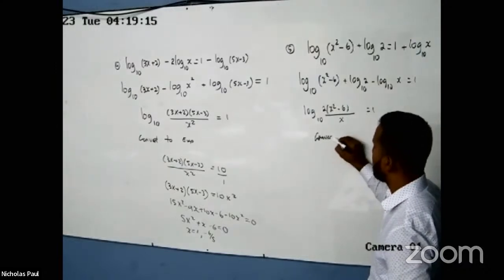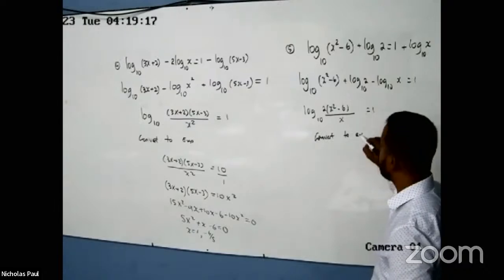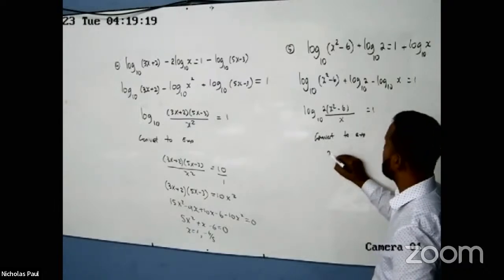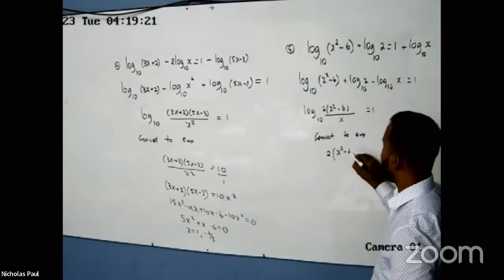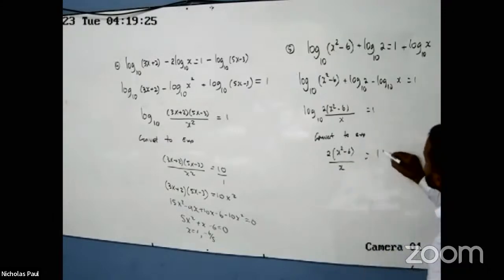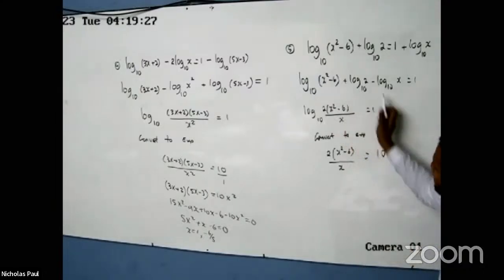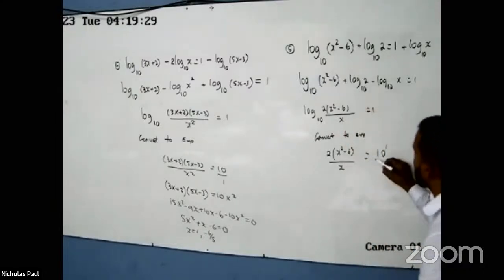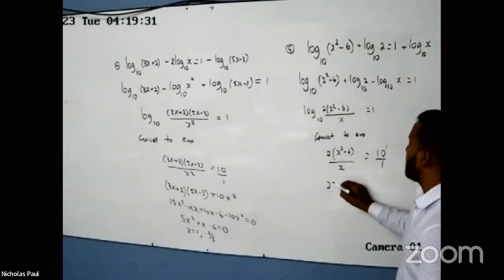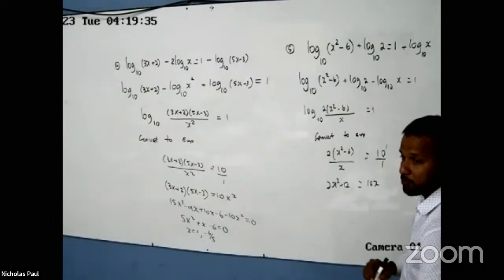Convert to exponential form. So that'll be 2 by x squared minus x over x is equal to 10 to the power of 1. Bring up the 10, carry across the 1. Cross multiply, you'll get 2x squared minus 12 is 10x.